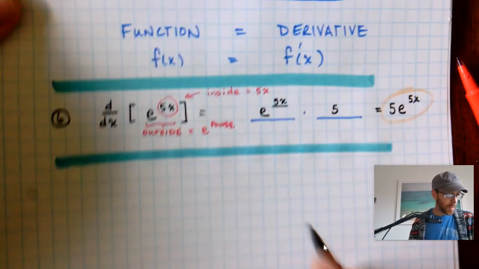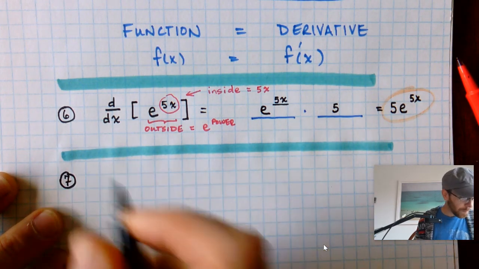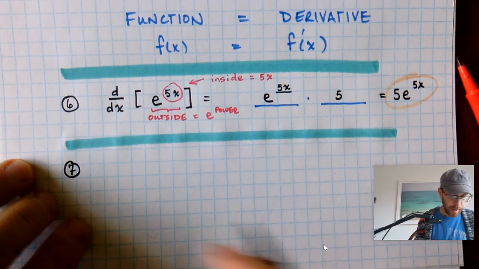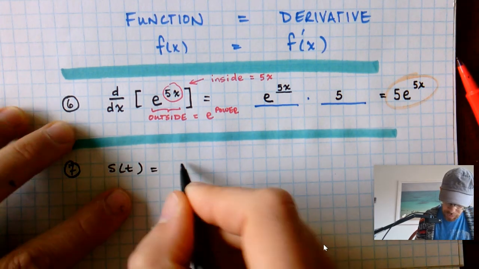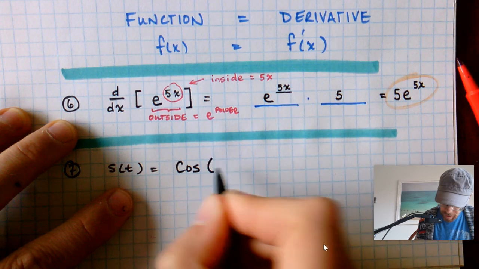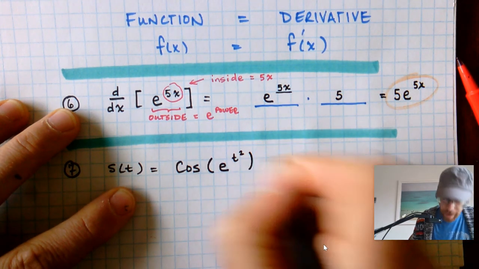All right, one more for today. Let's suppose you ran into something that looked like this. s of t is equal to the cosine of e to the t squared.